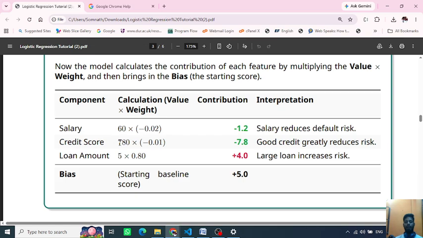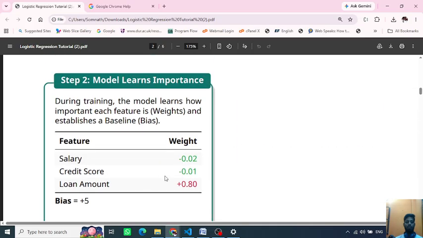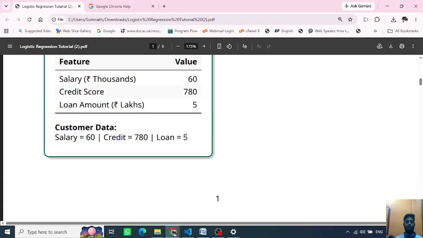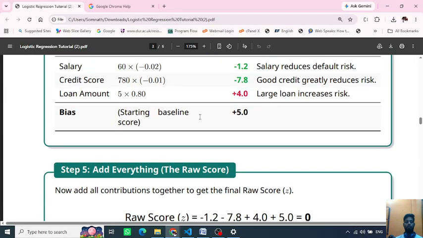Credit score is the same: multiply 780 with the weight, we get minus 7.8. Loan amount was 5 lakh, so 5 into the weight gives 4. And the bias, we assumed, is 5.